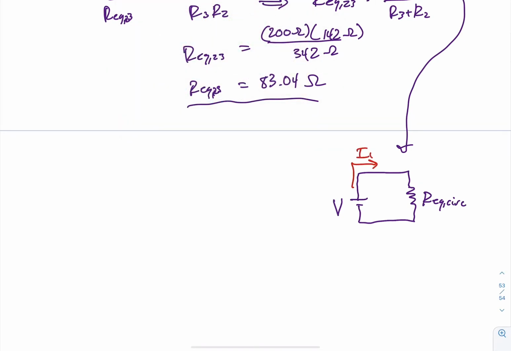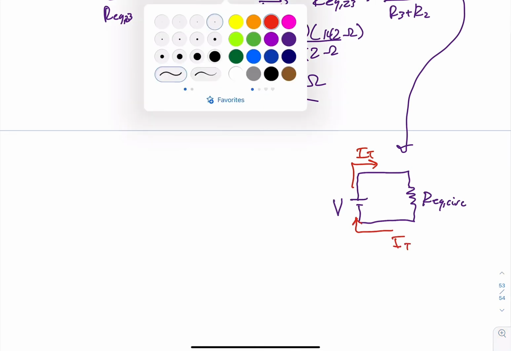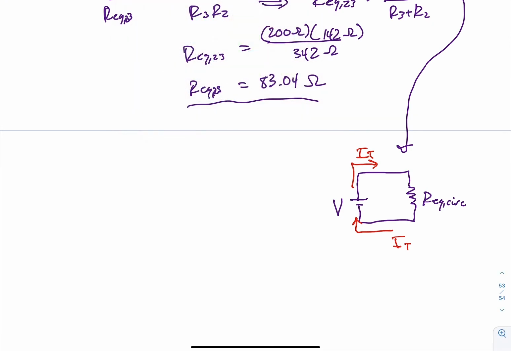And so effectively we've simplified this circuit into a simple circuit, but now we need to calculate that equivalent resistance. So we would have 1 over R equivalent for the circuit is 1 over R1 plus 1 over R equivalent for 2 and 3.